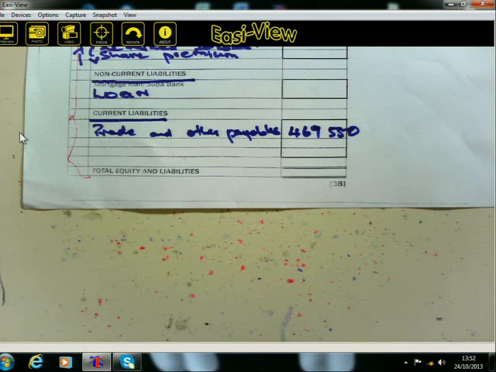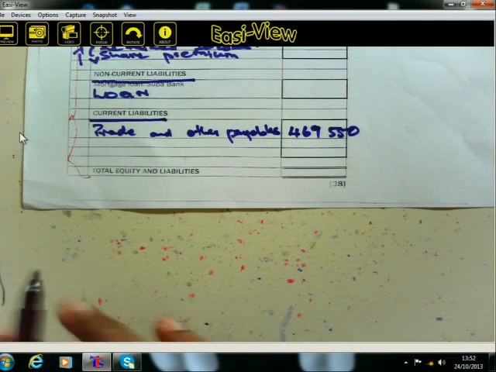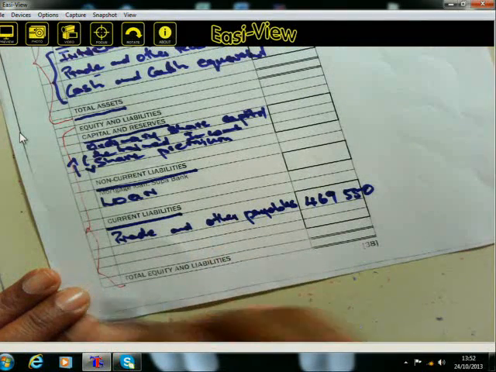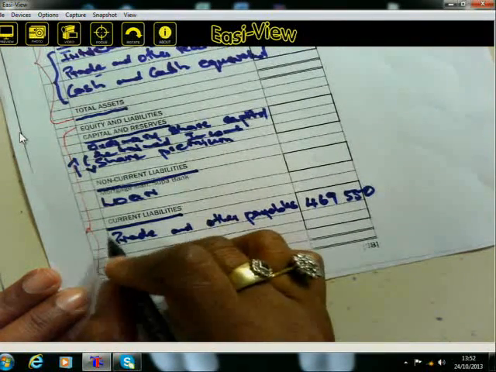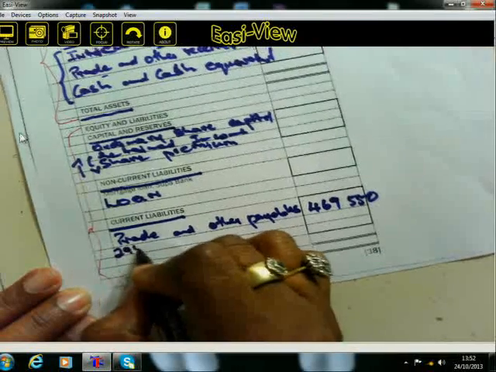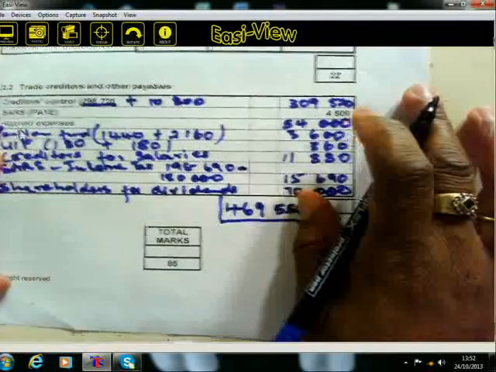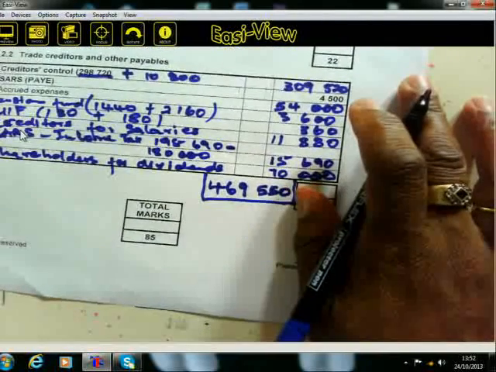Alternatively, we may ask you to prepare the trade creditors and other payables. But in a similar situation like this, you'll have to do your calculations like we did. What you'll have to do here, you need to show us the debtors is 298,720. Let me just show you as it is.